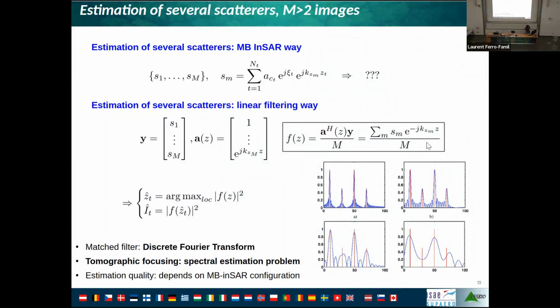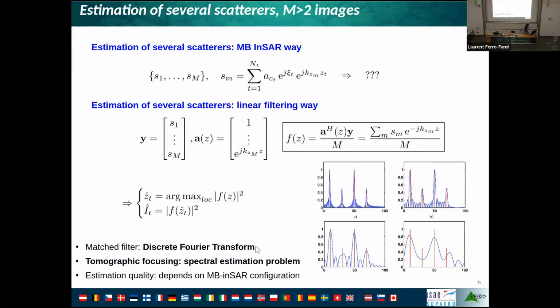So when you look at this way of combining the different images, for those of you who remember, this is the exact expression of the discrete Fourier transform. So what we are doing is just applying a Fourier transform to the data. Nothing more. This is the same comment that Stefano made this morning, saying that when you do a measurement and you want to go to the focused result, you just need to apply a Fourier transform.